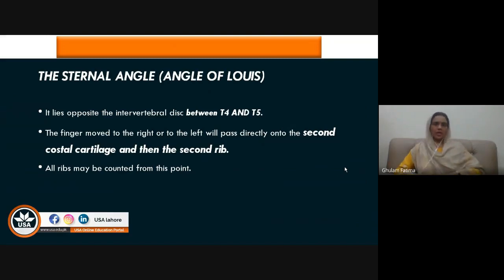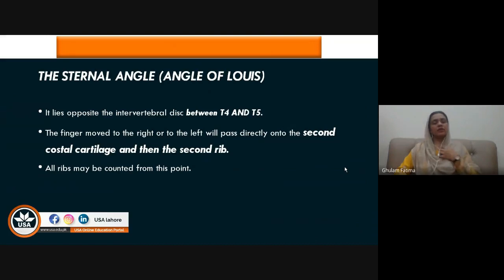Again, I am telling you, the sternal angle is also called the angle of Louis. This is very important to locate your ribs, and it is also very important as we'll discuss auscultation. The auscultation areas are discussed with reference to this sternal angle, the angle of Louis.